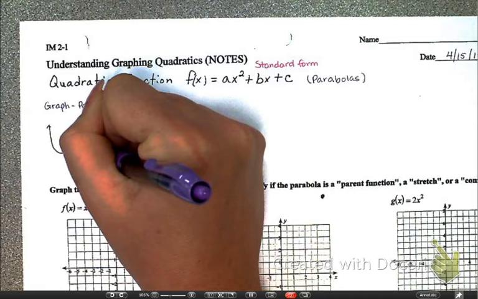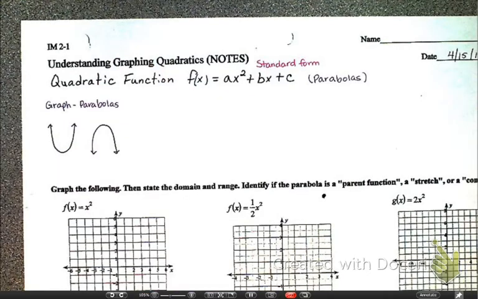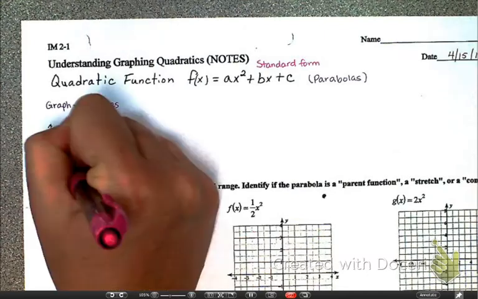If your parabola faces up, it is positive. And if it faces down, it is negative. And specifically, it's your A that's positive or your A that's negative.